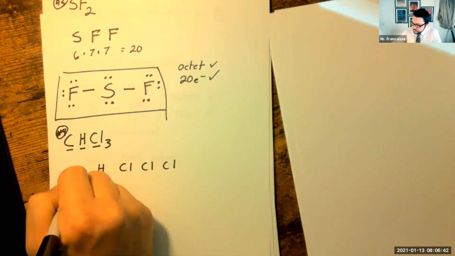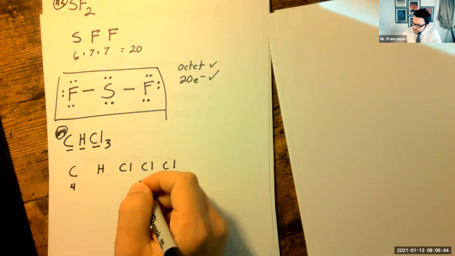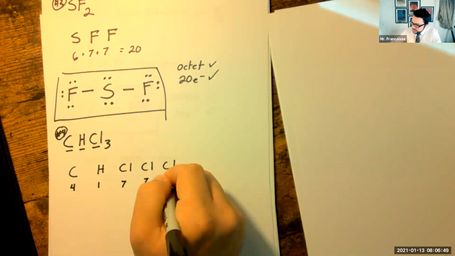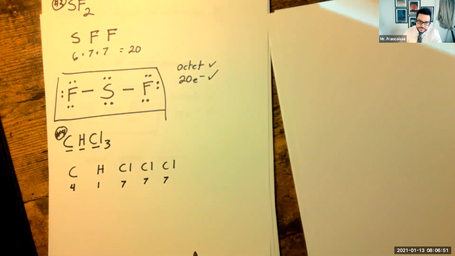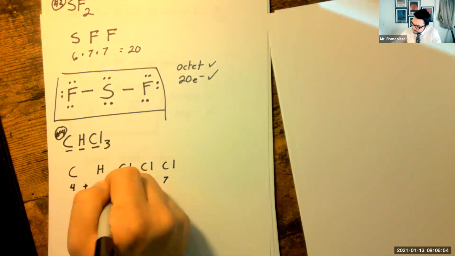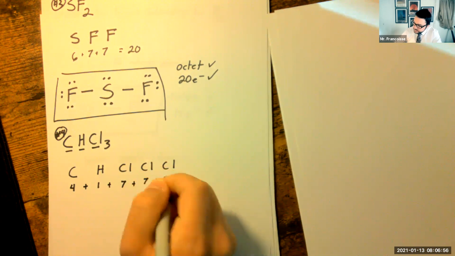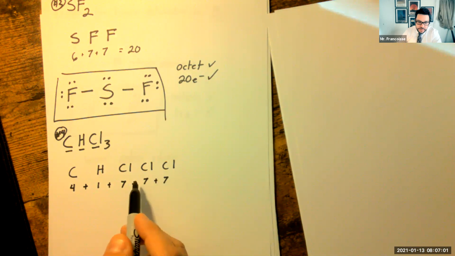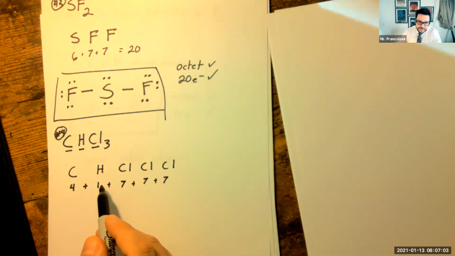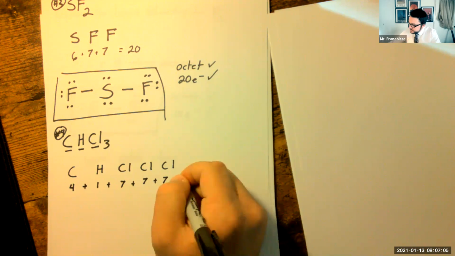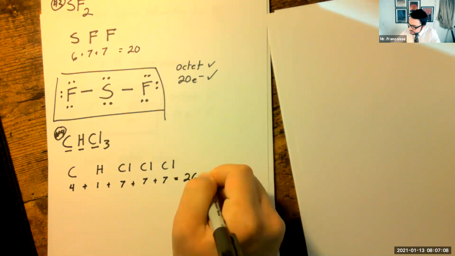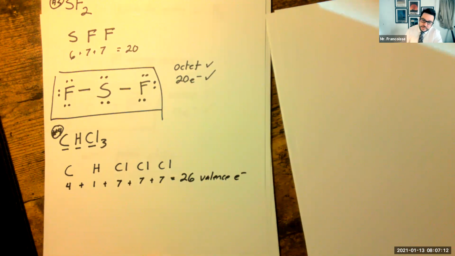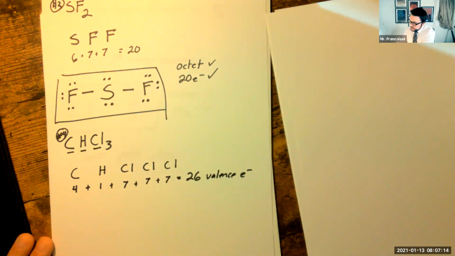Carbon is going to have 4 valence electrons. Hydrogen is going to have 1 valence electron. And each chlorine is going to have 7. So we'll add all these together. We have 7 times 3 is 21, plus 1 is 22, 22 plus 4 is 26. So we have 26 valence electrons for this.